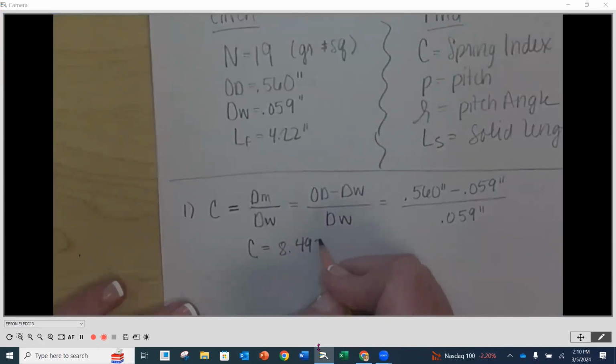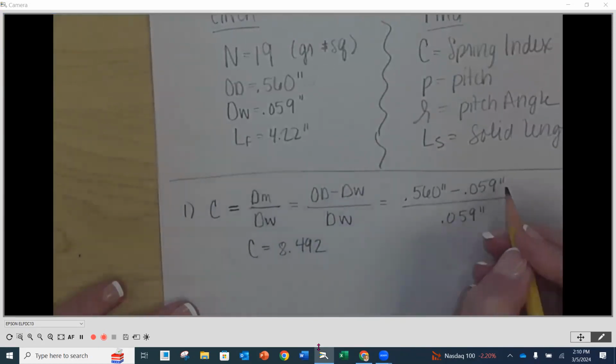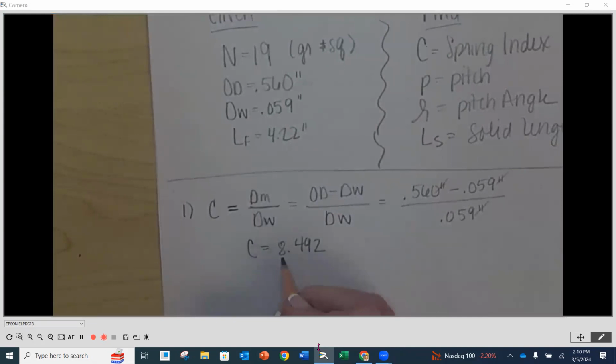I'm going to put the 2 in there. And these would be inches canceling out, right? So this is just a factor. All right, no units for C. Okay, any questions on that one? So that's the first part. We've got that one done.